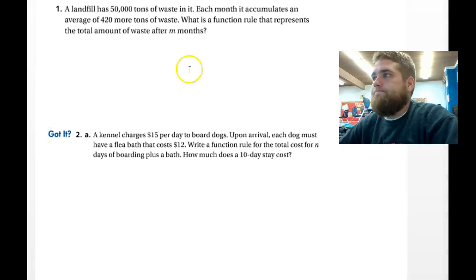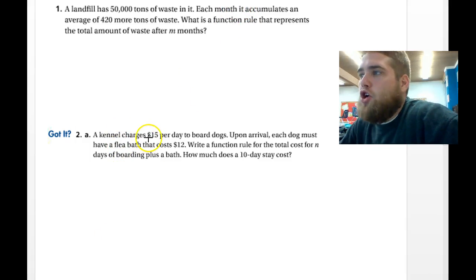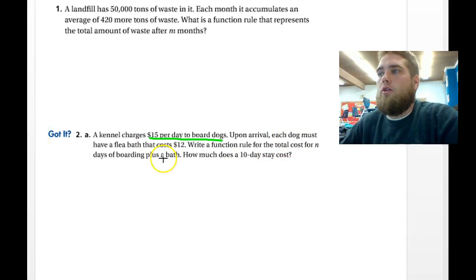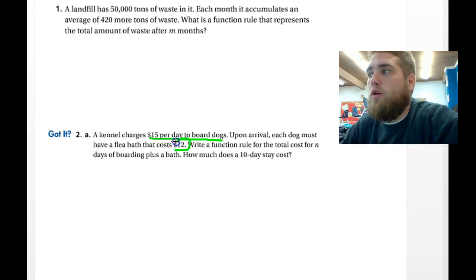Number 2. Let's pick another fun color, let's go green. A kennel charges $15 per day to board dogs. Upon arrival, each dog must have a flea bath, which costs $12. So write a function for the total cost in n days plus a bath.